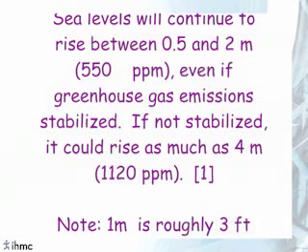This is an estimate based upon several factors. If we don't do anything about stabilizing the greenhouse emissions, then we could expect that the sea level rise would be 4 meters, or if you multiply that by 3, 12 feet. And this would apply to the early part of the next century.